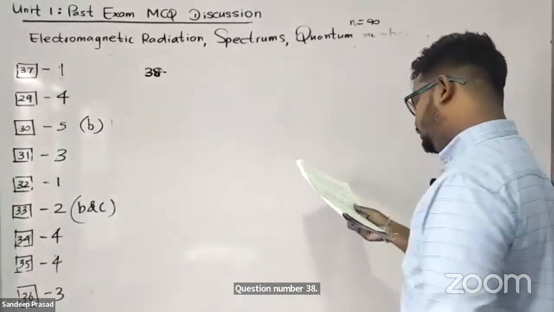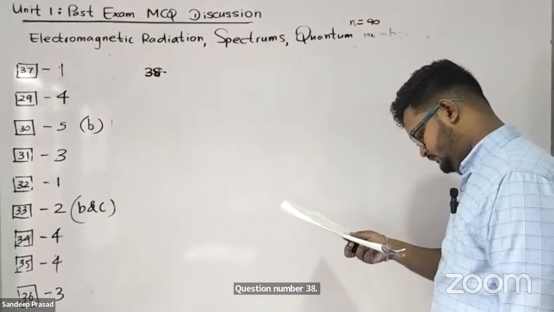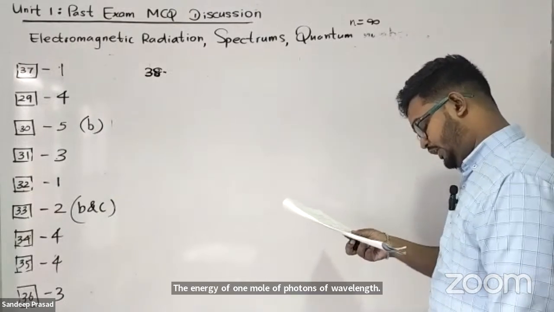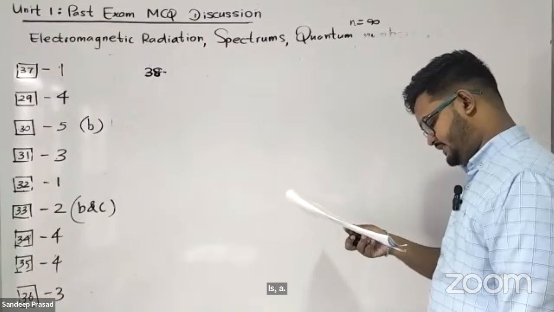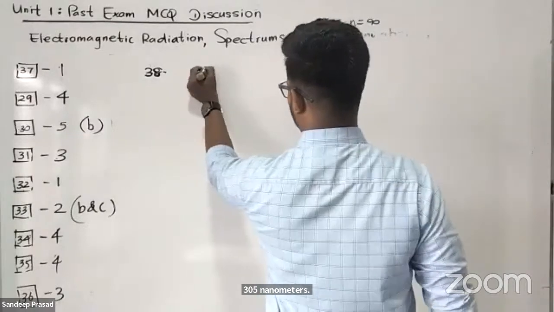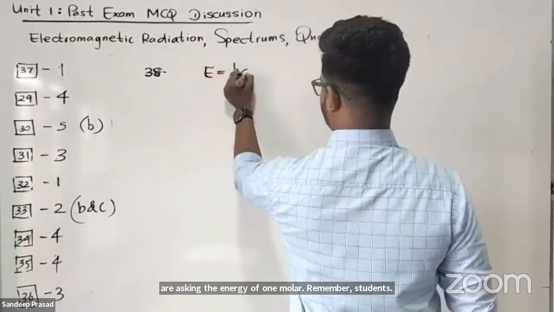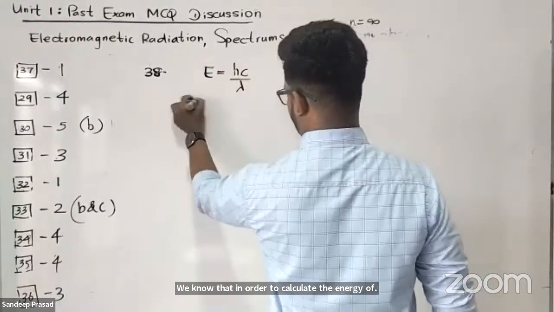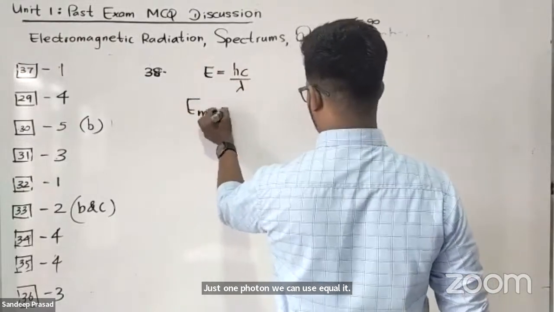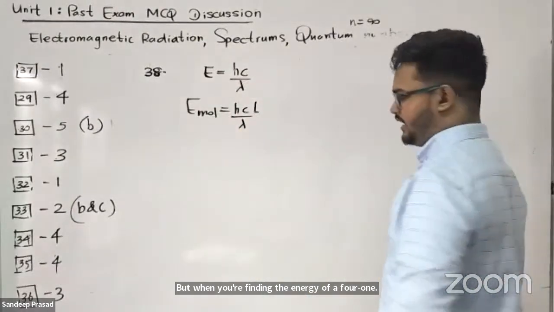The energy of 1 mole of photons of wavelength 305 nanometers. They're asking the energy of 1 mole of photons. Remember, students, we know that in order to calculate the energy of just one photon, we can use E equals hc over lambda. But when you're finding the energy of a mole of photons, you have to multiply this by the Avogadro number.